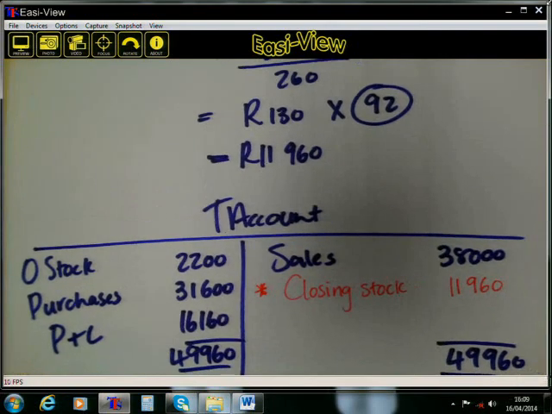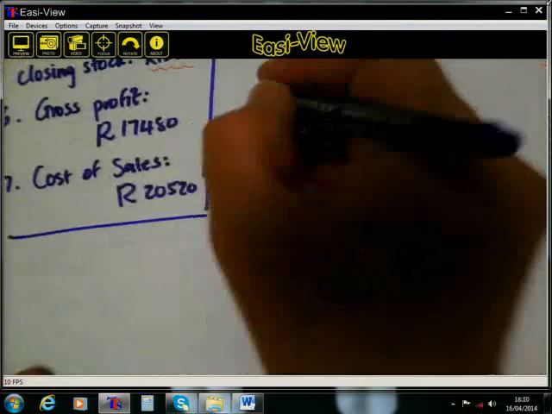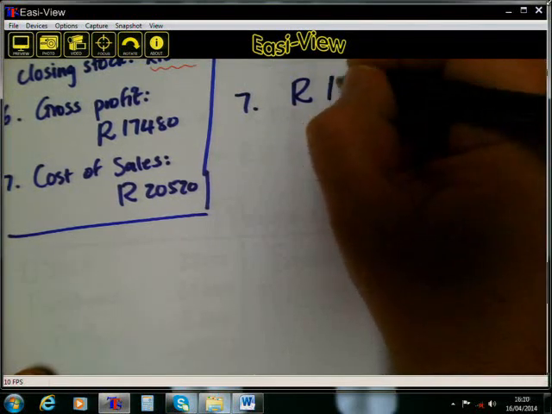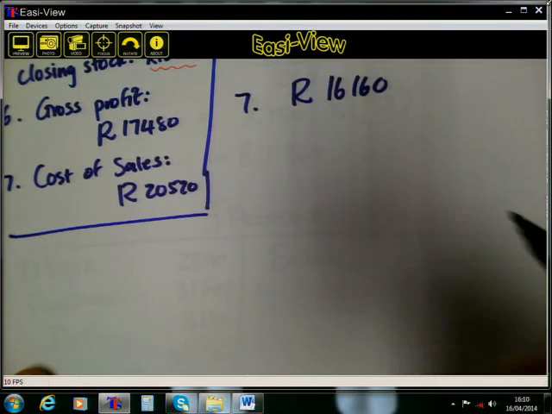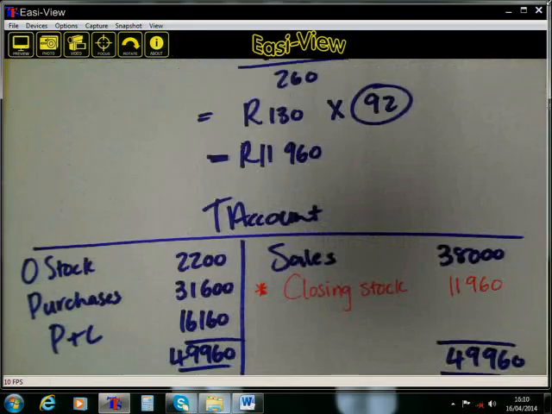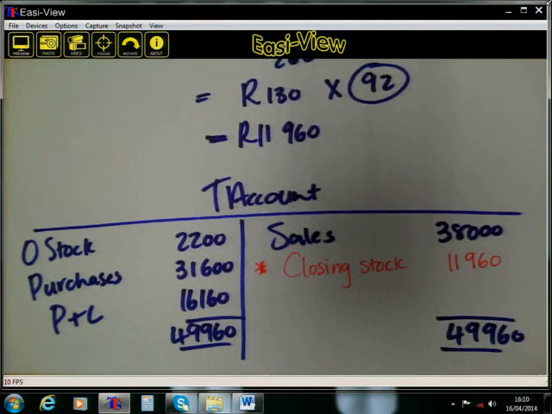Can you see? What was the next thing that we had to calculate? The gross profit, number 7, was 16160, and it changed because of the value of the closing stock that changed, and that I show you in the trading account.